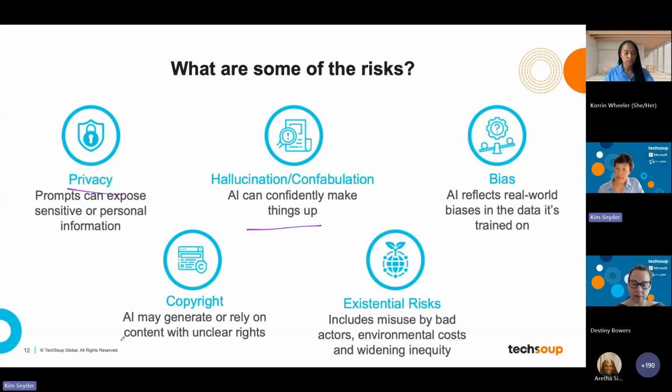Copyright, and you've seen a lot of this probably in the news around some AI has been trained on information and people's writing and images that are copywritten.